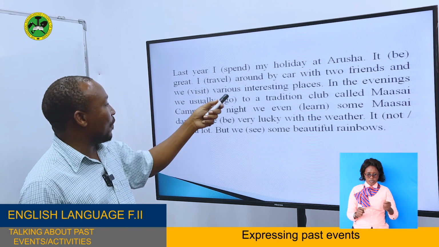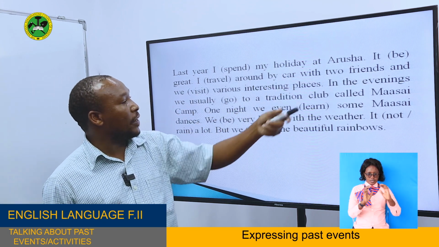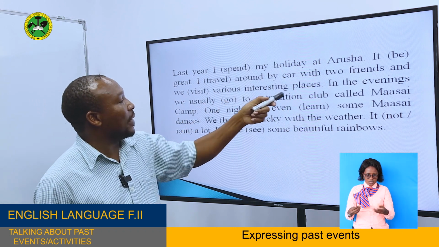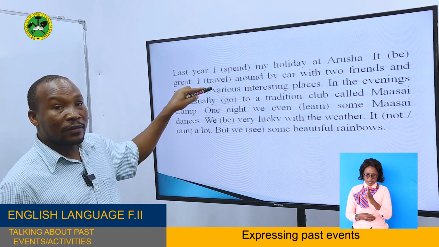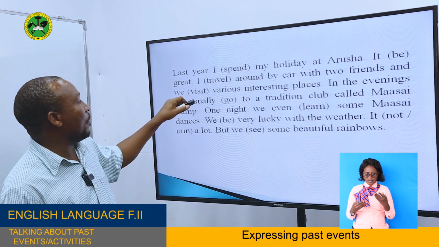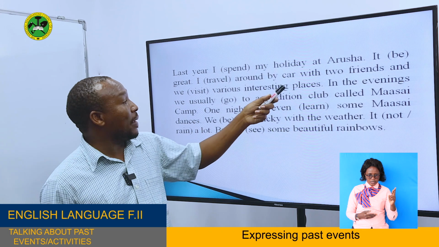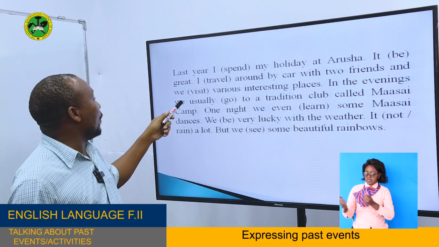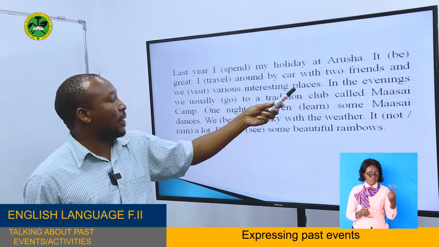I, in bracket, travel around by car with 2 friends, and we, in bracket, visit various interesting places. Therefore, this is a regular verb. I traveled around by car with 2 friends, and we visited various interesting places.